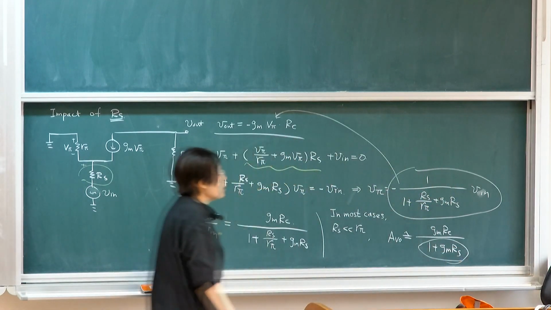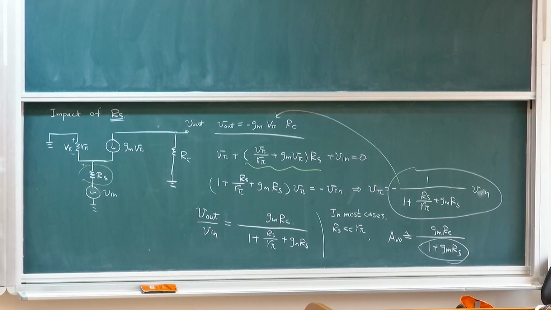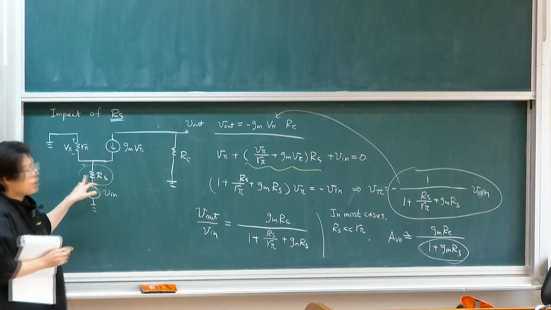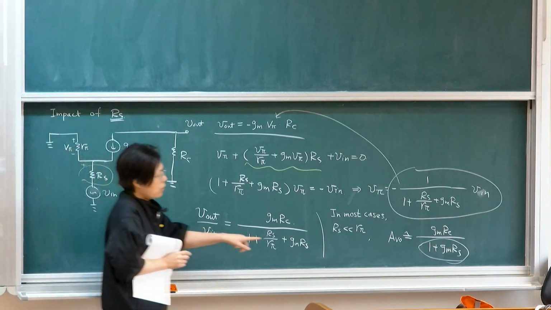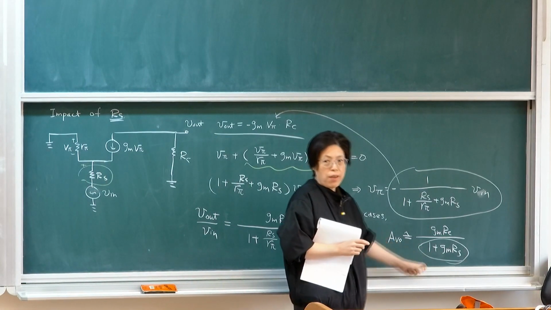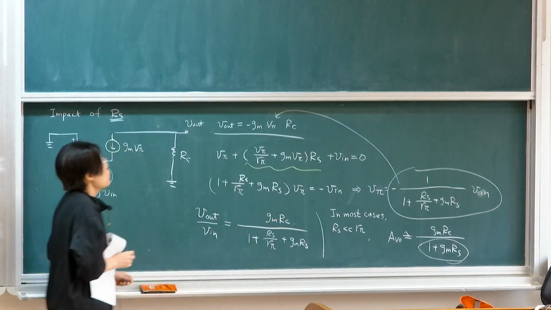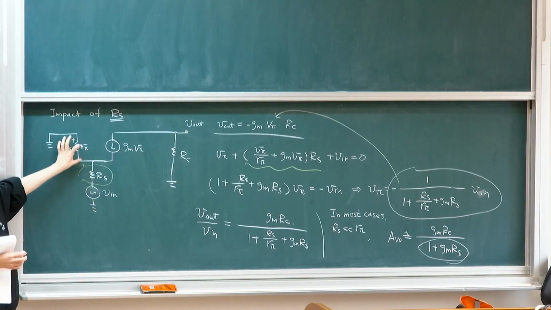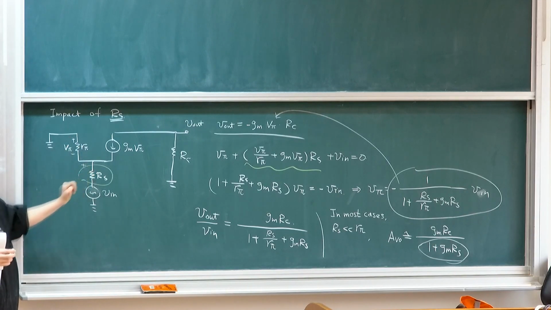So you actually see the degenerative effect, 1 plus gm RS. Anytime we have a resistance connected to the emitter terminal, this is the same as gm RE. So you have this attenuation effect in the overall voltage gain. Okay? This is simply voltage dividing because not all of the signal goes into modulation, some of it will be dropped on the resistance.